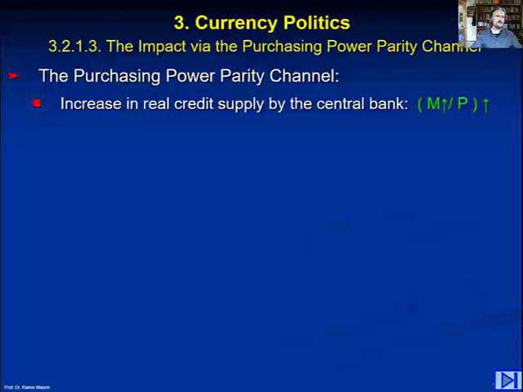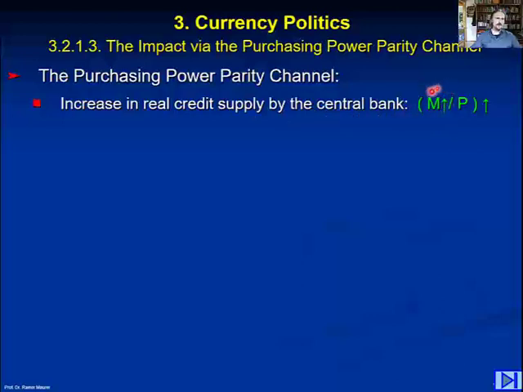Let's have a look at how this channel works. As you will see, it's a little bit more complicated than the interest parity channel, since it includes the interest parity channel also. So let's start again here with an increase in the real credit supply by the domestic central bank.